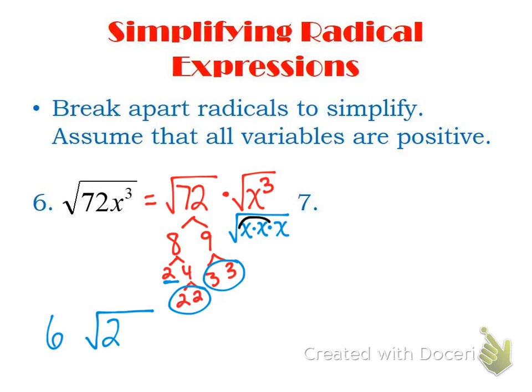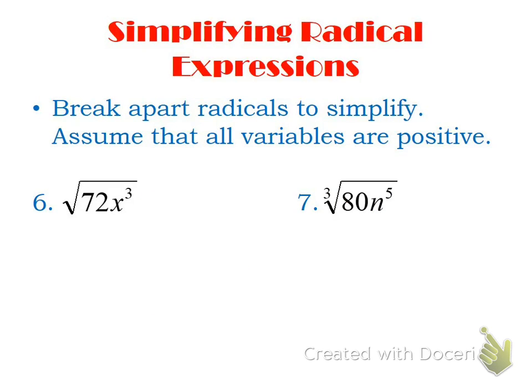So I have one group of 2, and then I have how many that are alone? 1. So when I go to write the rest of my answer, what's going to come outside the radical? One of the x's from that pair, and what stays inside? The one that was alone. So we formed our answer, doing it one part at a time. Deal with numbers separate from variables.